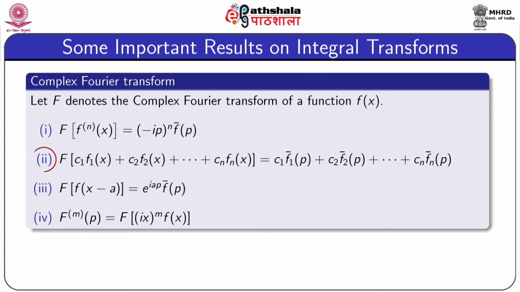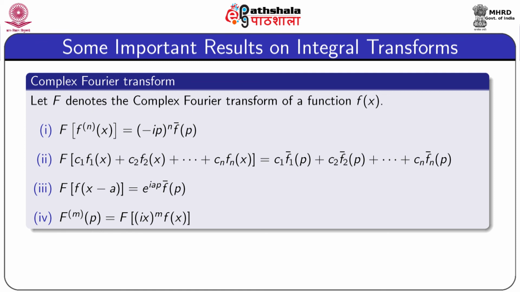The second result shows the linear property of Fourier transform. And the third result is the shifting property: Fourier transform of f(x minus a) equals e to the power i a p into f bar(p).